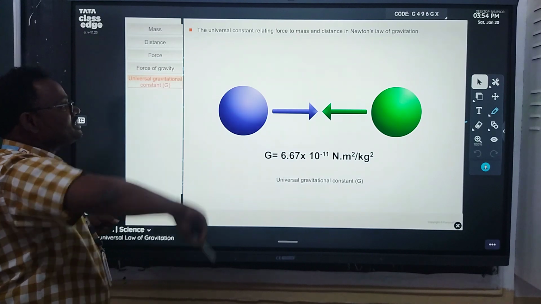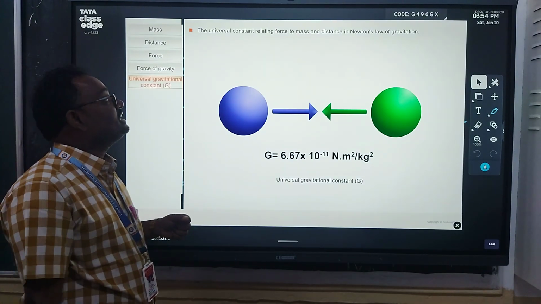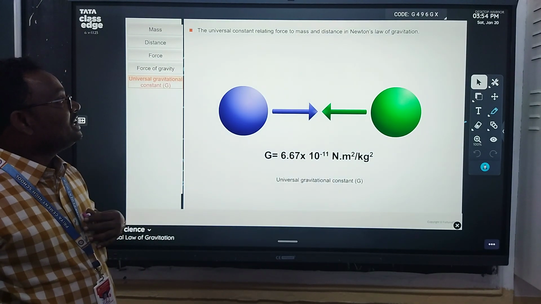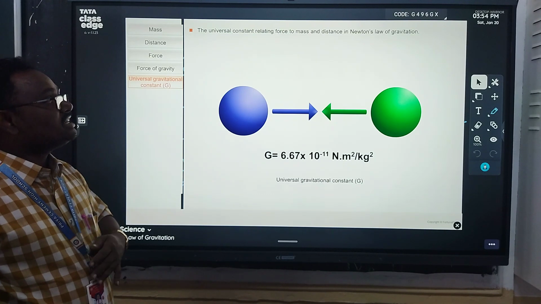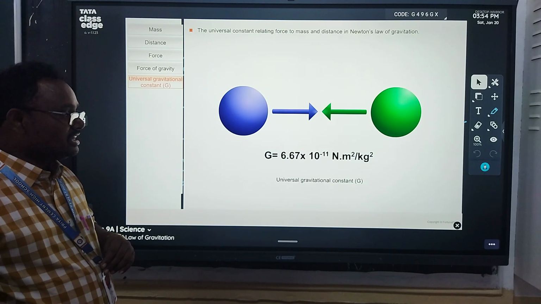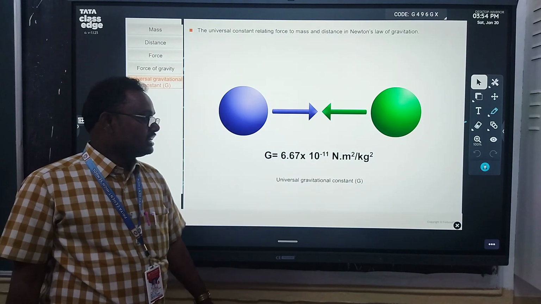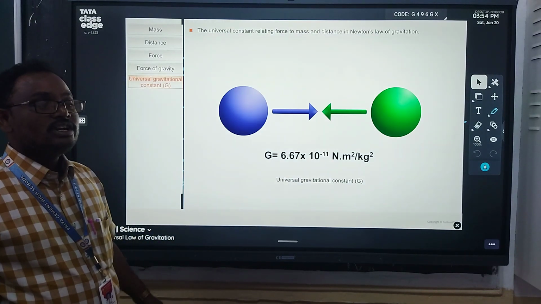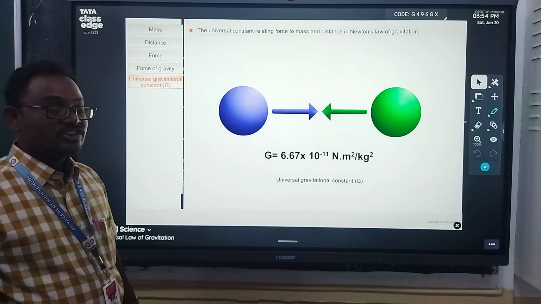Next, the universal gravitational constant. The universal gravitational constant relates force to mass and distance in Newton's law of gravitation. This is the universal gravitational constant value, given by Henry Cavendish.